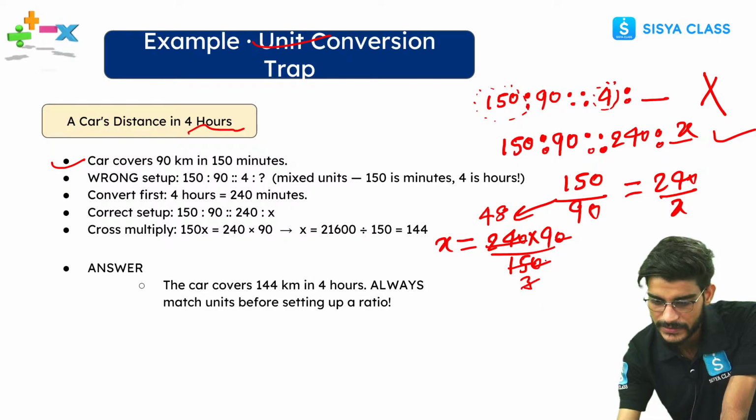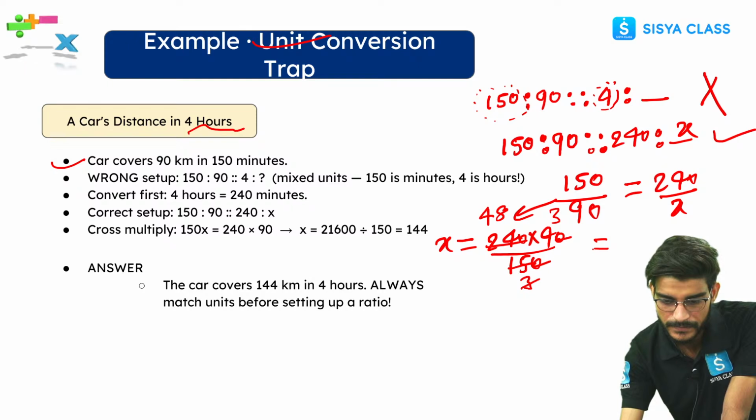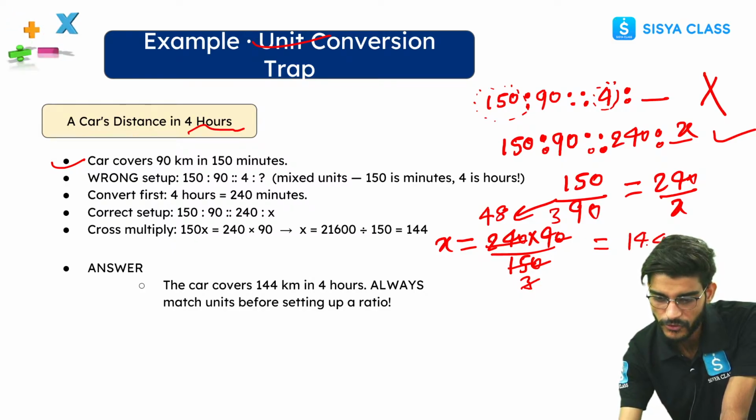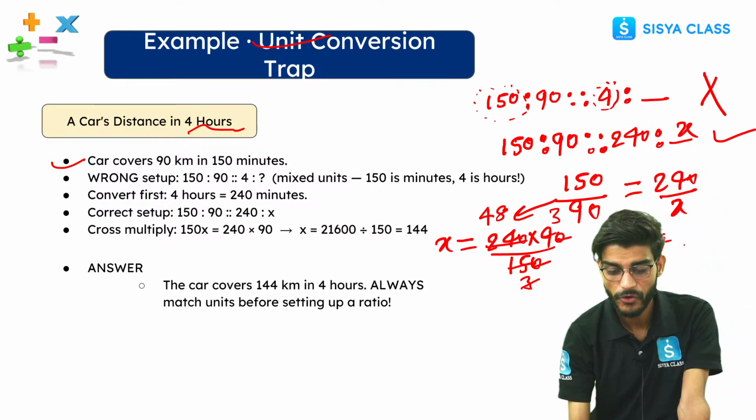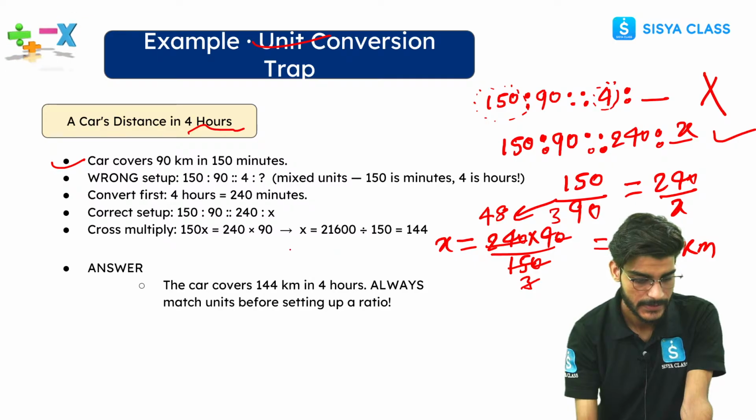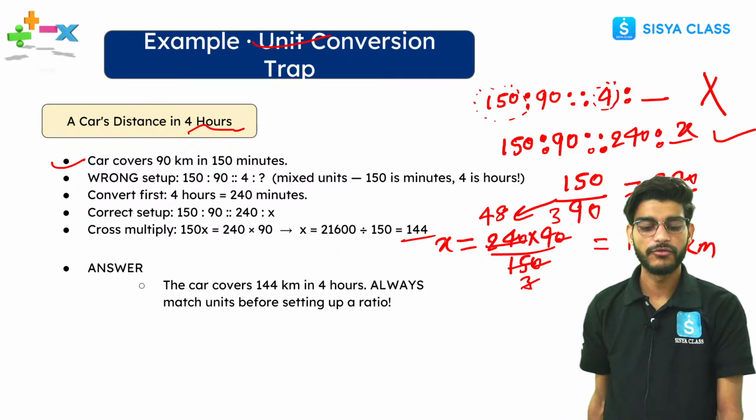Now again 3 3s are 9. So 48 into 3. What is 48 into 3? So this is 144. So basically the distance we are covering is 144 kilometers. Is it correct? Yes, 144 kilometers.